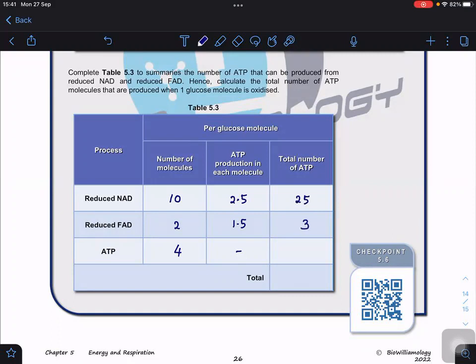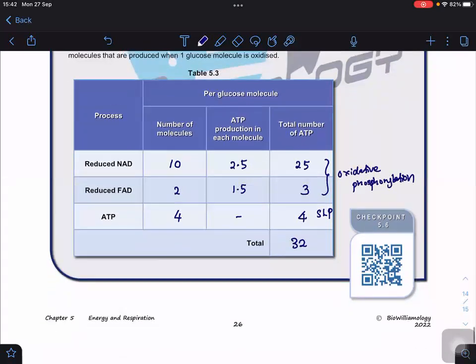So this is through what? Oxidative phosphorylation. Okay, and then how about ATP? You still have 4 ATP. This one is through substrate level phosphorylation. Can you see that 28 plus 4 gives an average of 32?